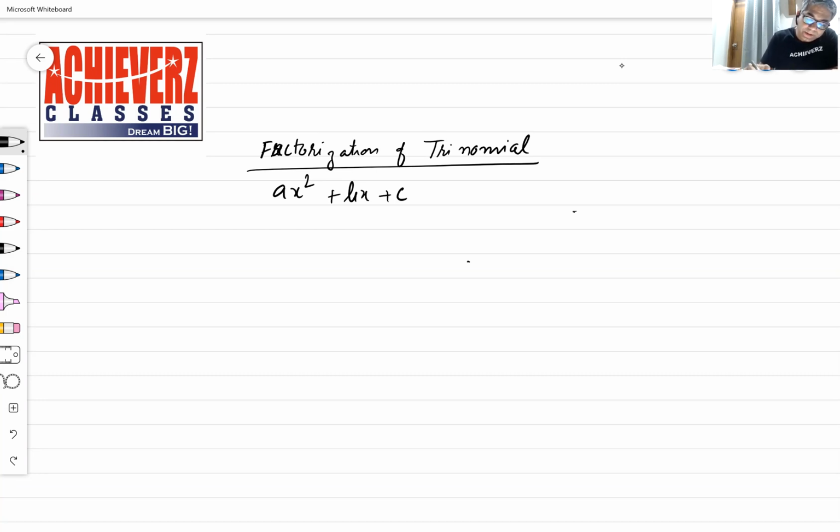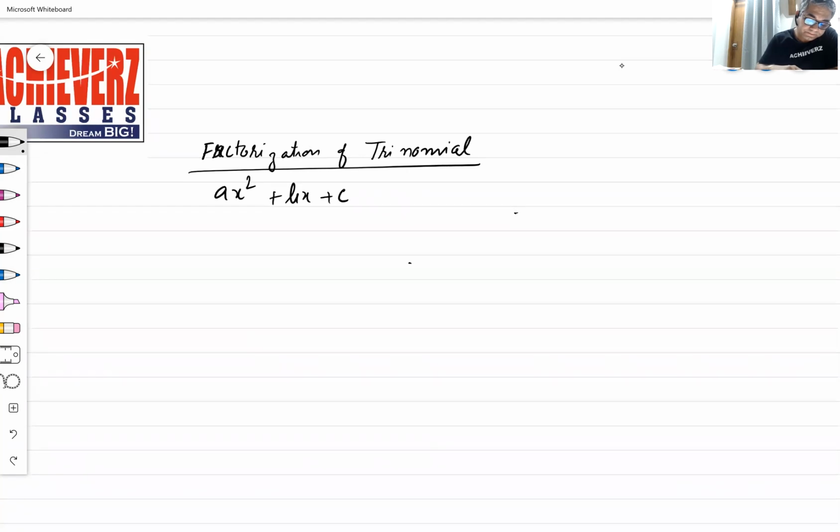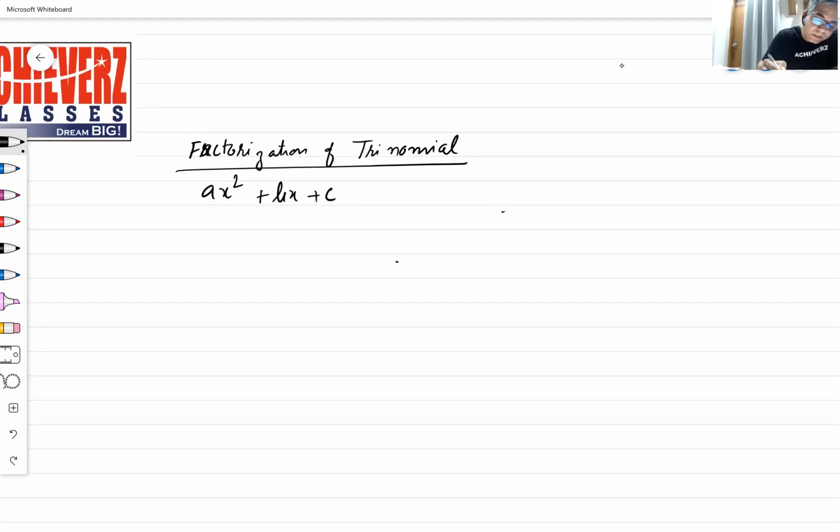So what is happening is, I'm just taking a simple example so that you can all understand this. Let's say we have x square plus 6x plus 8.